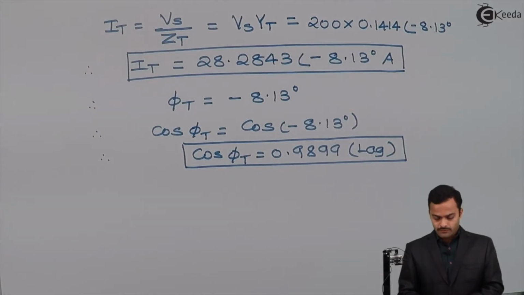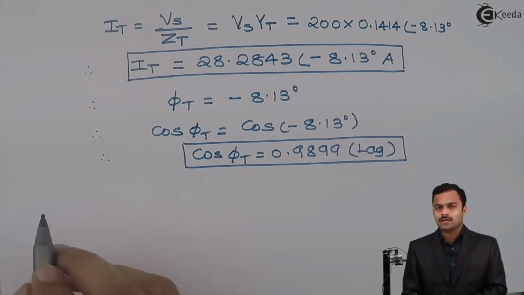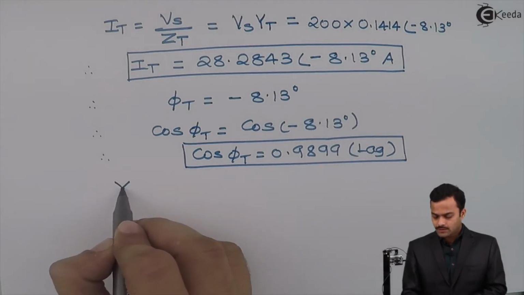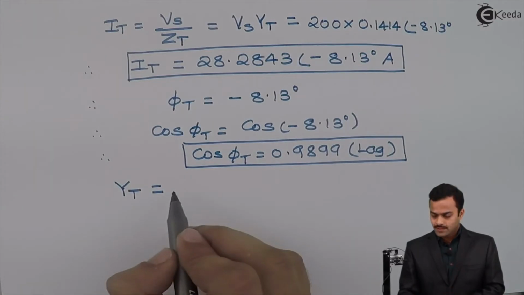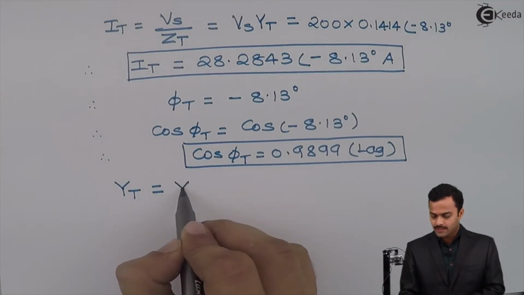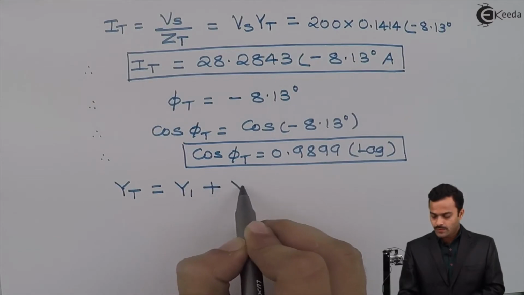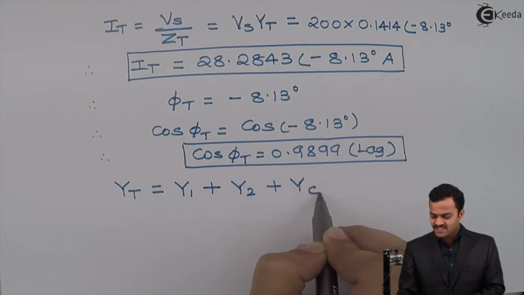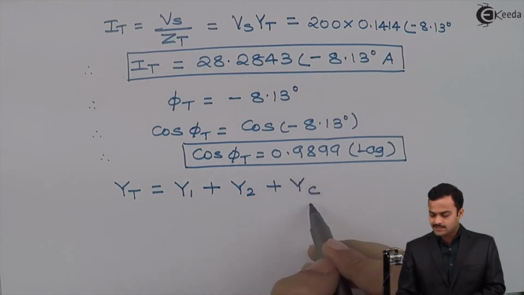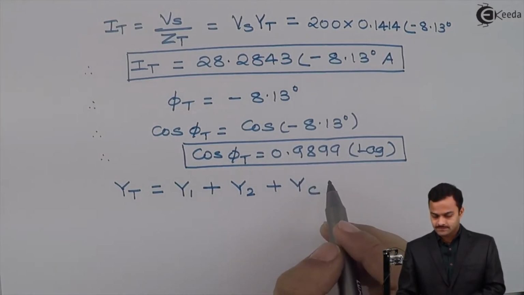In the third part, we want to calculate the pure reactance in order to make the total power factor unity. For that purpose, I will calculate total admittance once again. This time it will be the addition of three admittances, Y1, Y2 and Yc. I will consider this as the unknown admittance.